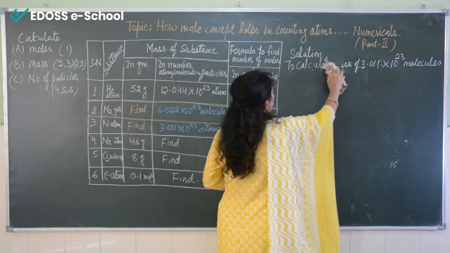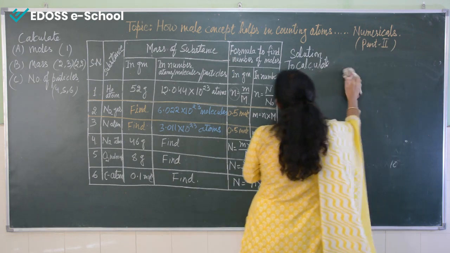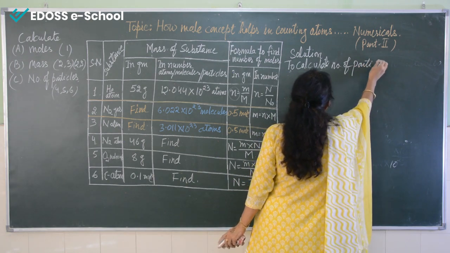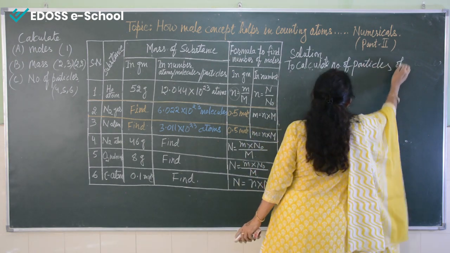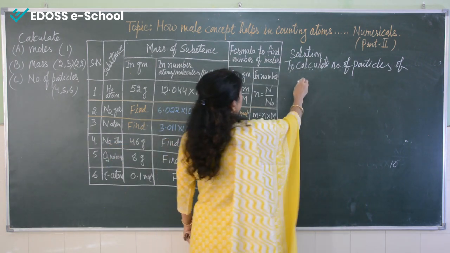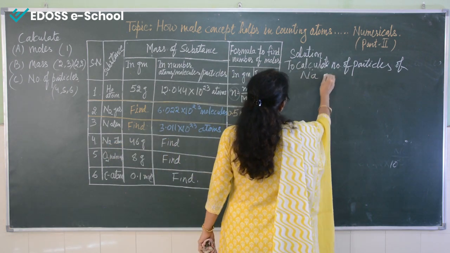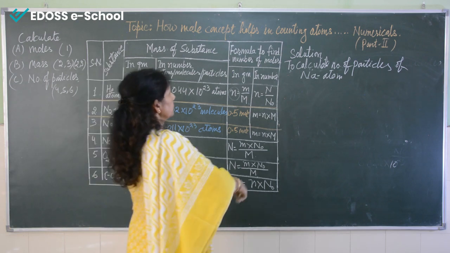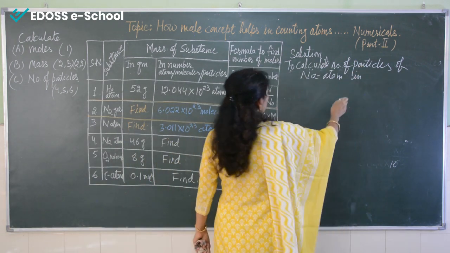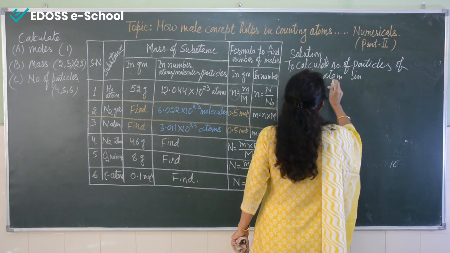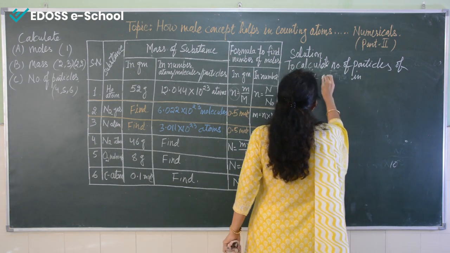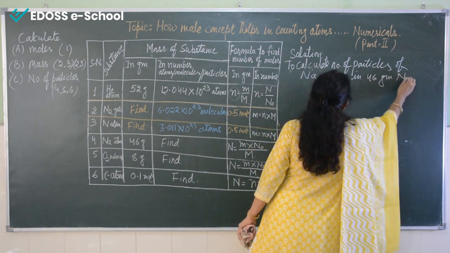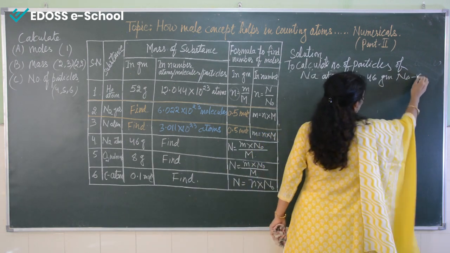In place of mass, now the question changes: to calculate the number of particles of sodium atom in 46 gram of sodium atom. This is our question.